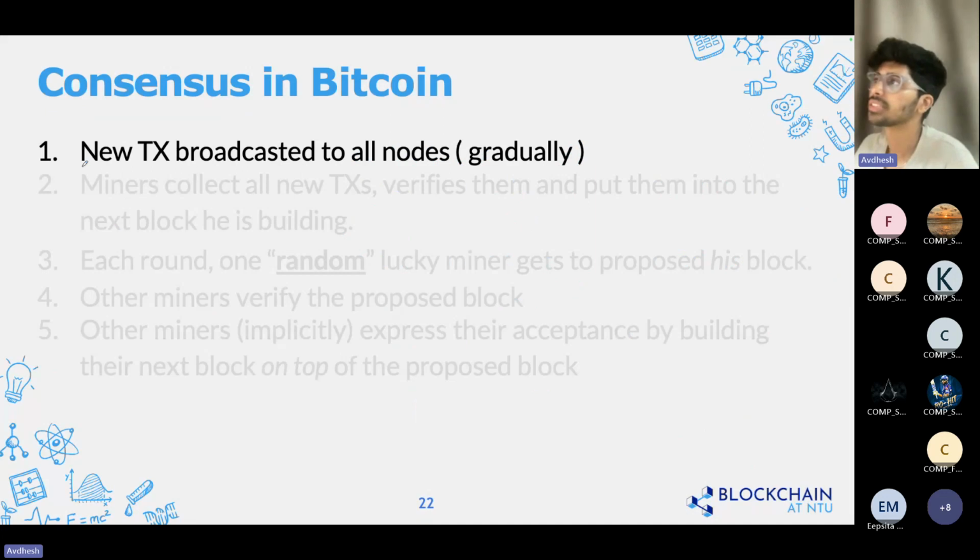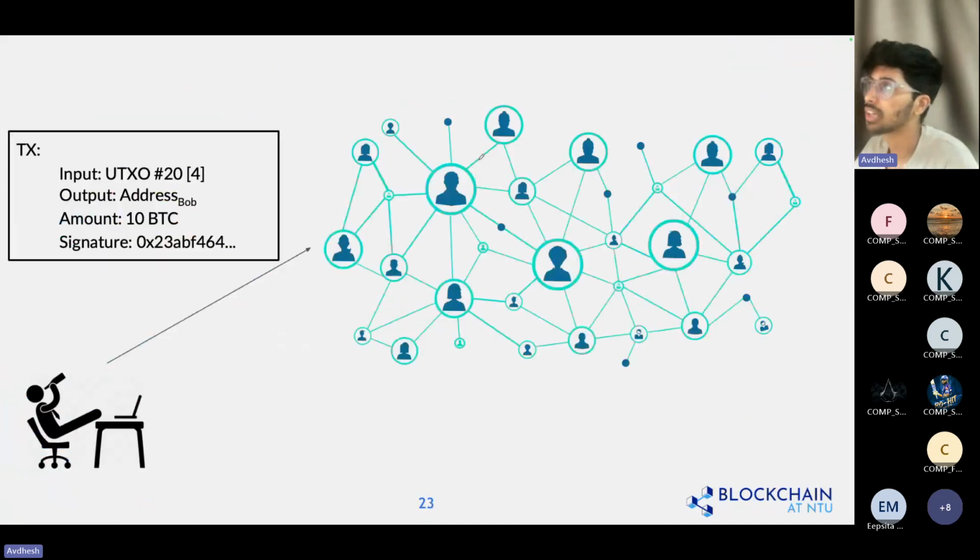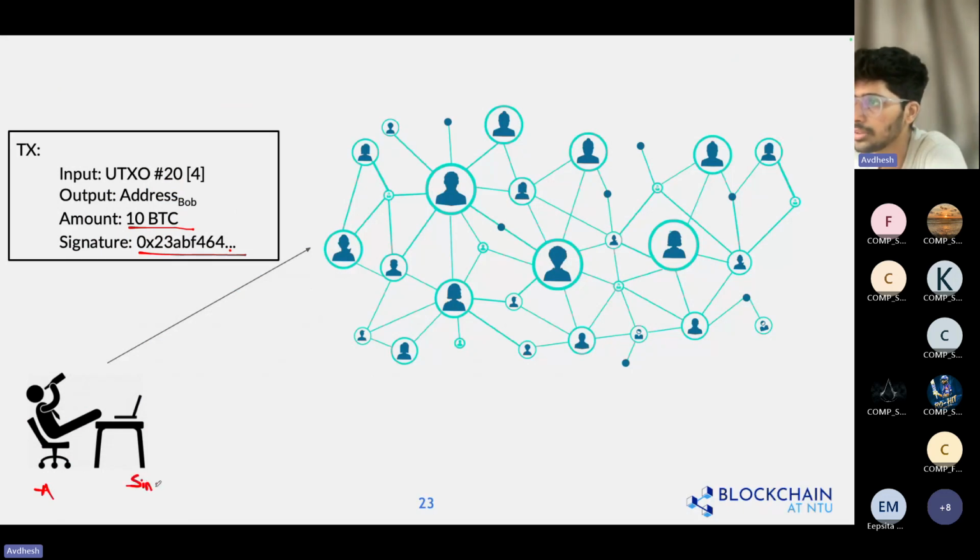So a new transaction is broadcasted to all the nodes. This is the input, as I said. The output is Alice sending the Bitcoin to Bob. Bob's address is this, the amount is 10 Bitcoin, and the signature is this. Alice is maybe sitting right now in Singapore, where I am now.